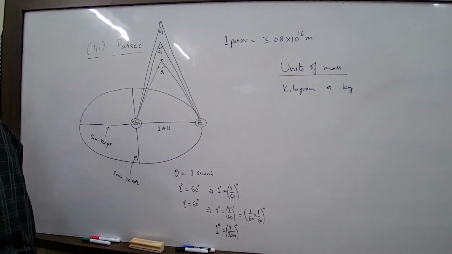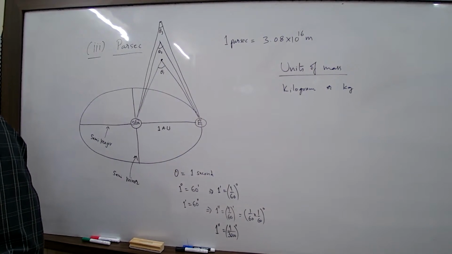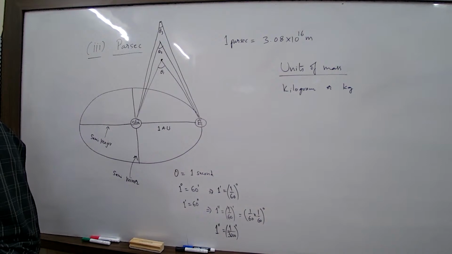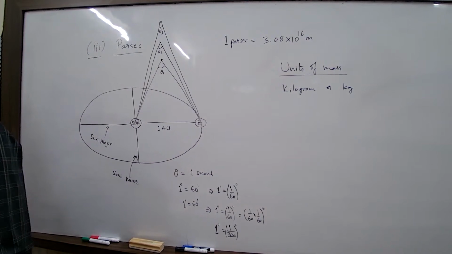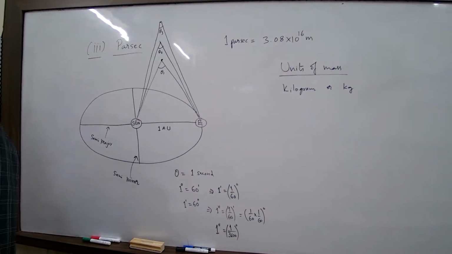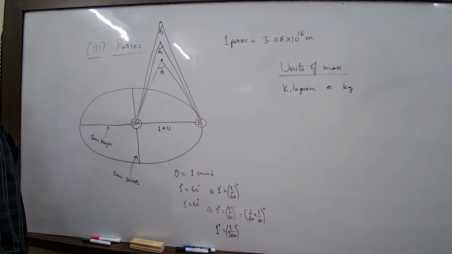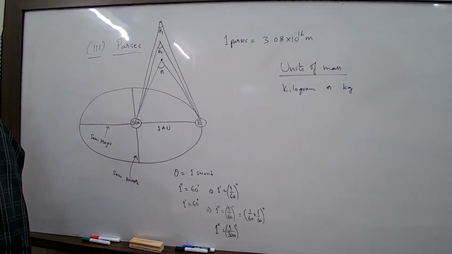What is a gram in terms of kg? Divide the kilogram by 1000, and you get 1 gram. 1 gram is 1 divided by 1000 kg, and for milligram it is 1 divided by another 1000. So that becomes 10 raised to minus 6 kg. You have done this before.